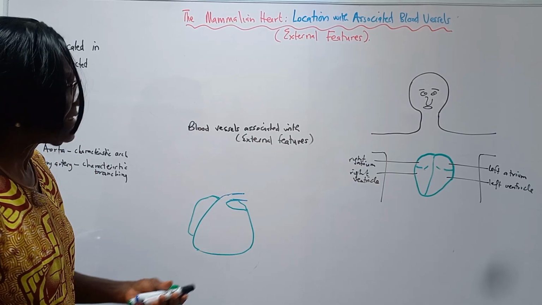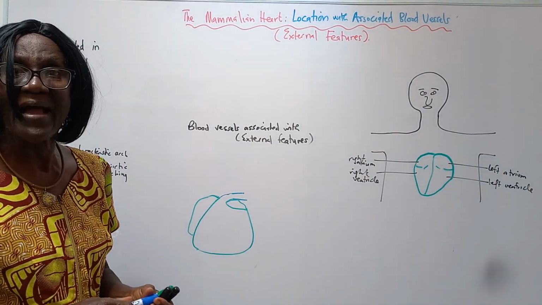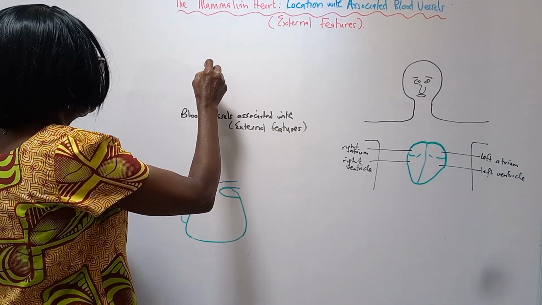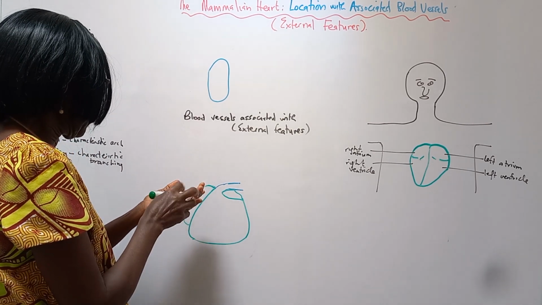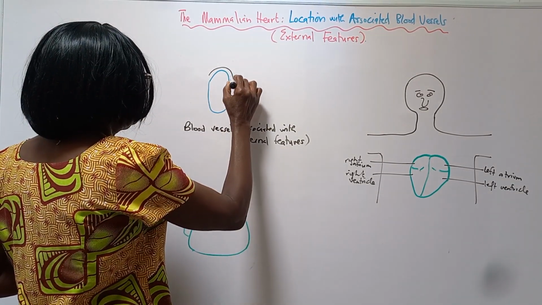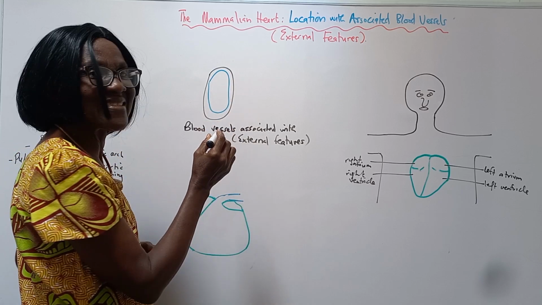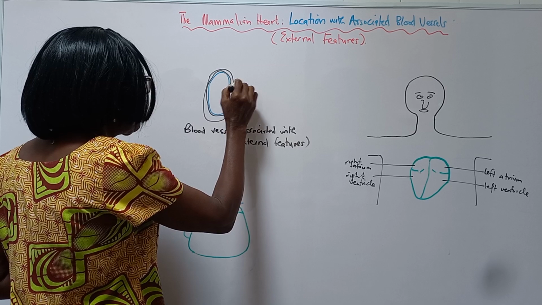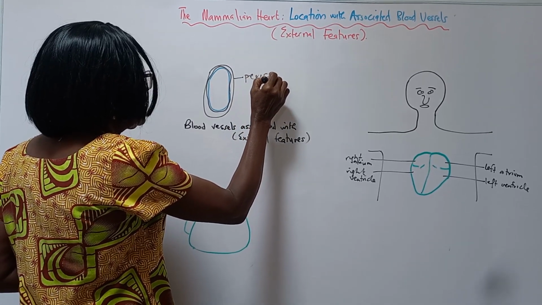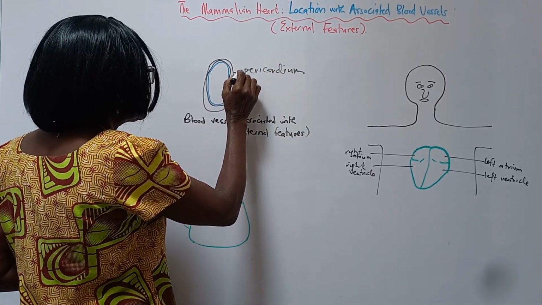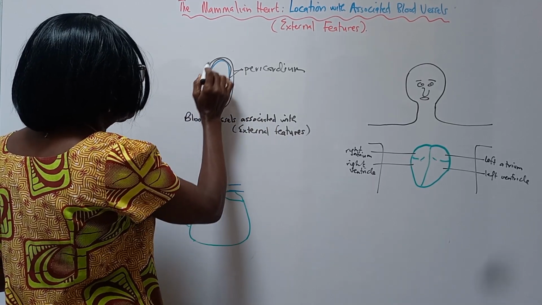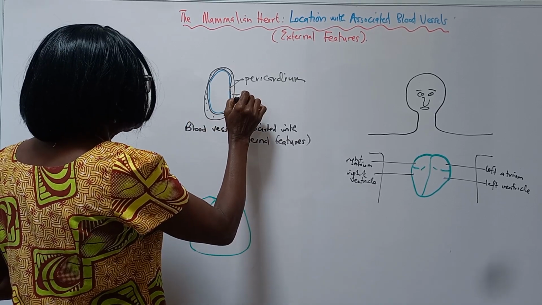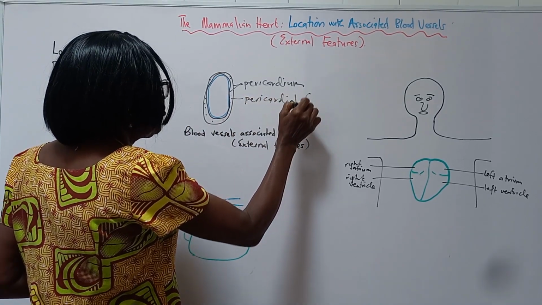Now, besides being protected by all these bones and muscles, the heart is enclosed in the pericardium. The pericardium is a sac filled with fluid, with two membranes, very fibrous. The outside is very fibrous, and the sac contains fluid, that is the pericardial fluid.